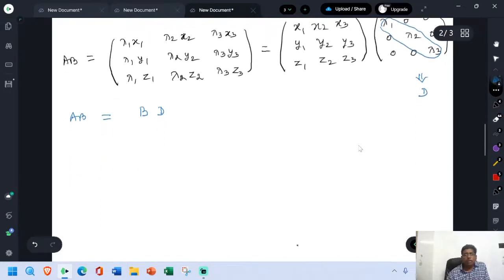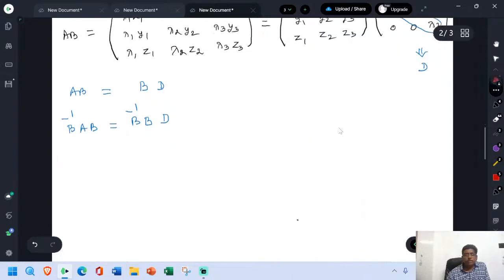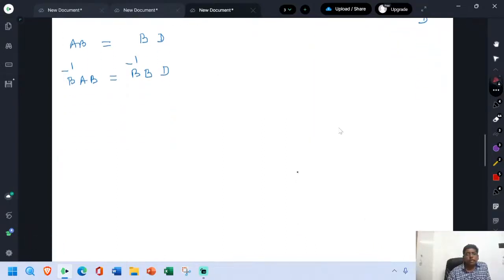Now multiply both sides of the above equation by B inverse. B inverse AB is equal to B inverse B into D. Here B inverse B is equal to I. I is 1 0 0, 0 1 0, 0 0 1.